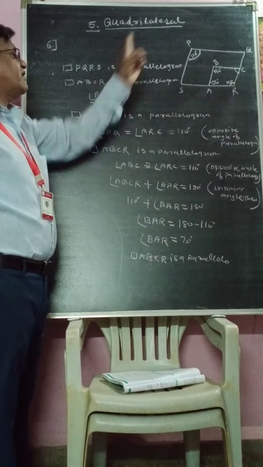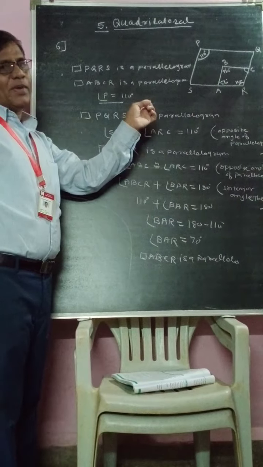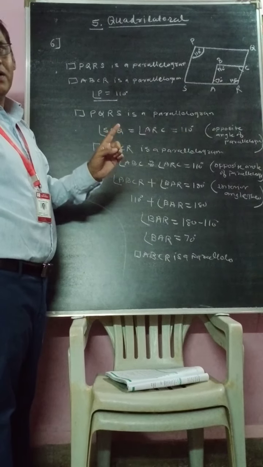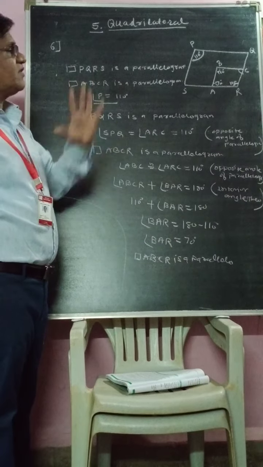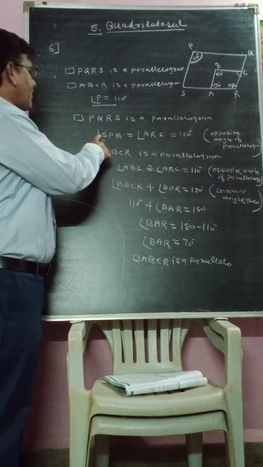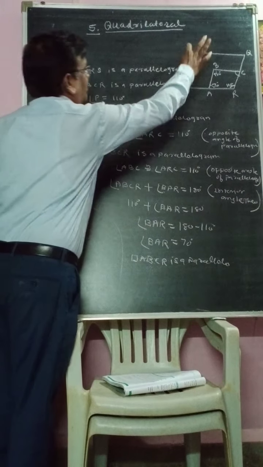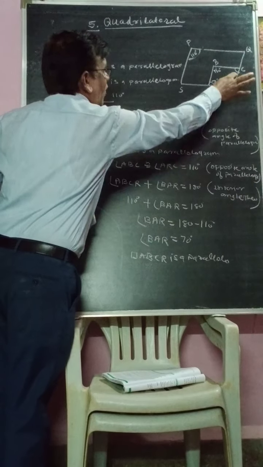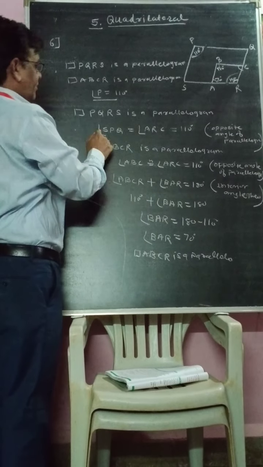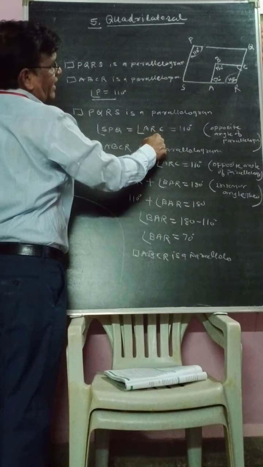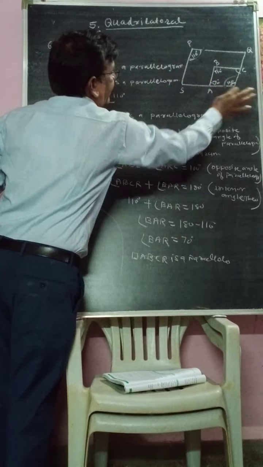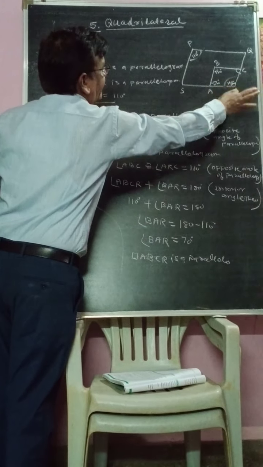So if it is a parallelogram, then the property of a parallelogram is that opposite angles of a parallelogram are congruent. So use that property. This angle SPQ is congruent to this angle, that is, SPQ is congruent to SRQ, that is ARC.